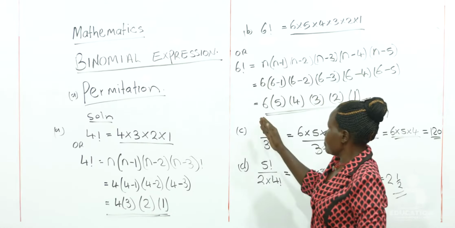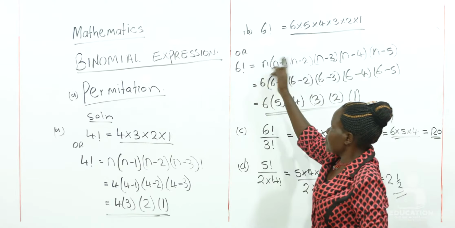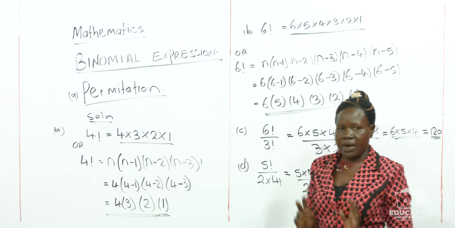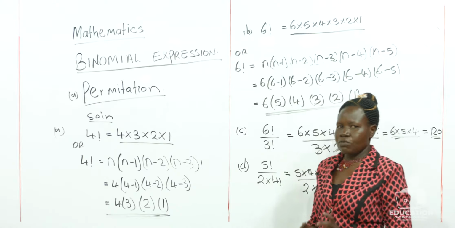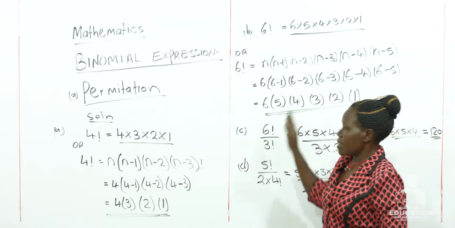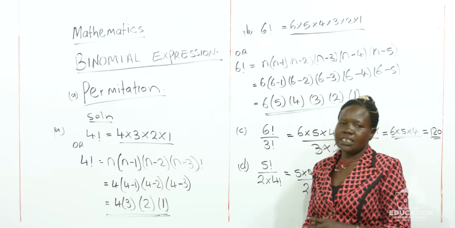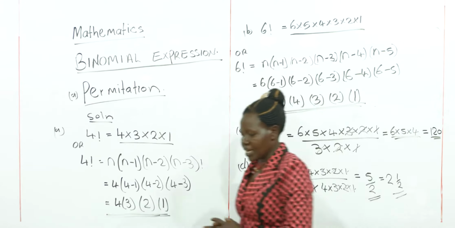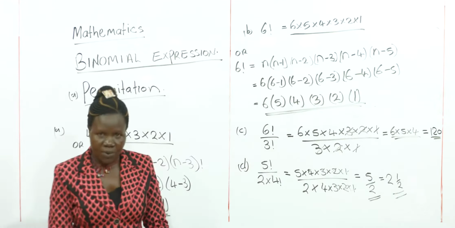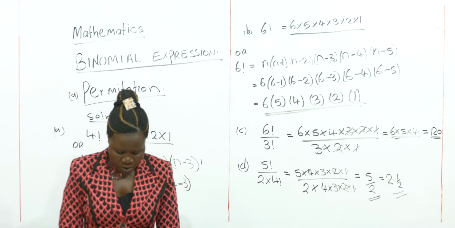And if we are asked to write permutation in short, it is i factorial. So i factorial means you move that number from the biggest, from where that number is, up to the last term. With this, learners, we have come to the end of our lesson for now.